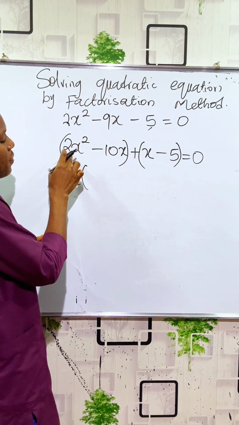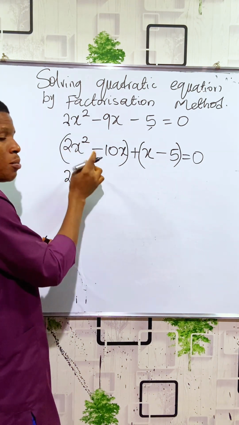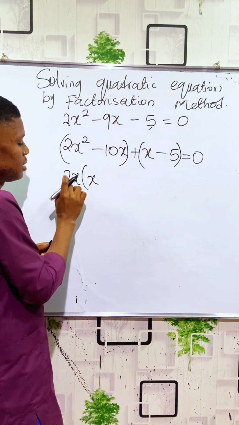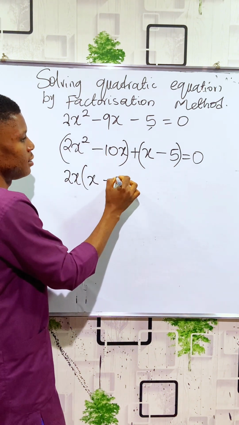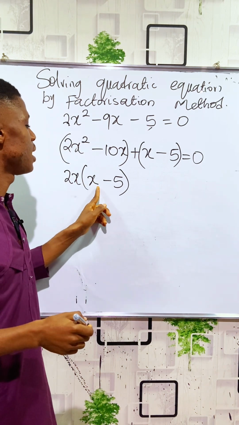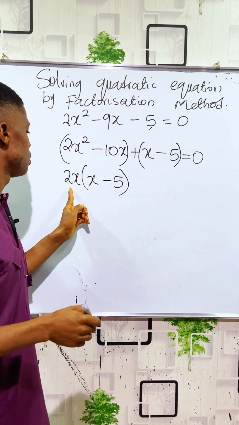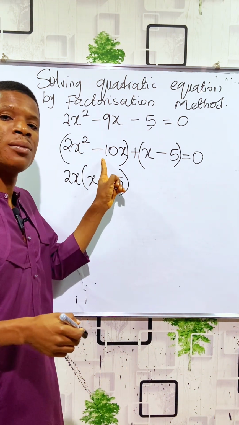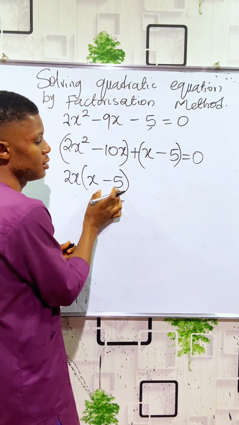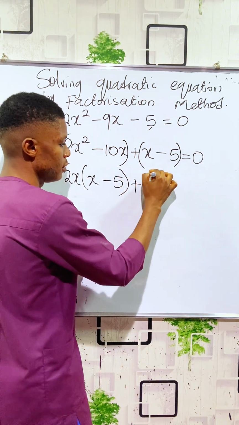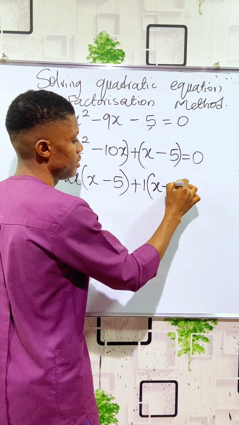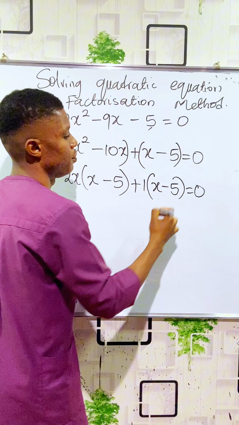If you factor out 2x, you are left with x, then minus 5, because 2x times x will give you 2x squared, and 2x times minus 5 will give you minus 10x. Then here we can just factor out 1, since anything multiplied by 1 is still the same thing. We have x minus 5 equal to 0.